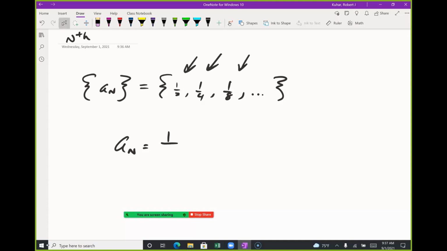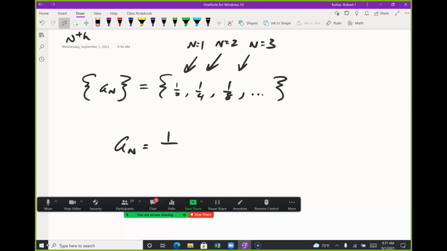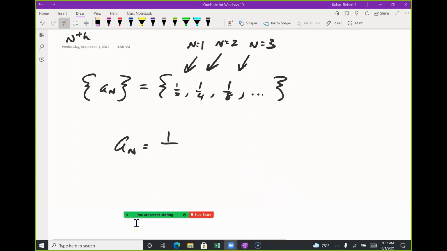This is my n is 2. So n is 1, n is 2, n is 3, right? Someone did it in the chat. 1 over 2. Yeah, 1/2 to what power? N. Yes, there it is. 1/2 to the n, or 1 over 2 to the n. That's the one I did before, right? 1/2 plus 1/4 plus 1/8.